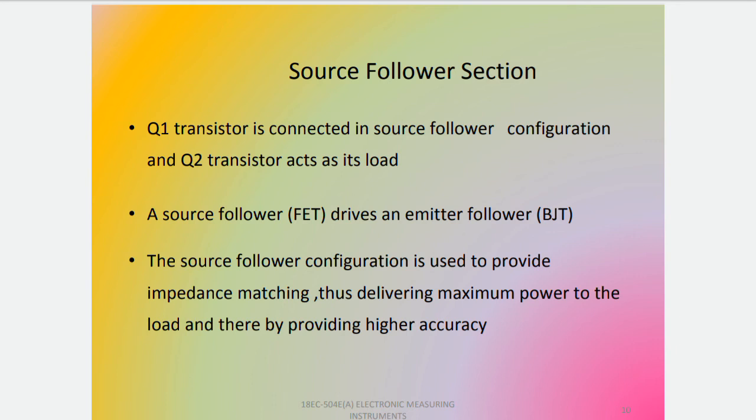The source follower configuration is used to provide impedance matching, thus delivering maximum power to the load and thereby providing higher accuracy. That is, the DC input voltage is applied to the FET through the ranging and attenuator network. Q1 acts as a source follower, and Q2 acts as its load. The FET has a very high input impedance. Due to this, the meter circuit can be effectively isolated from the circuit under measurement.